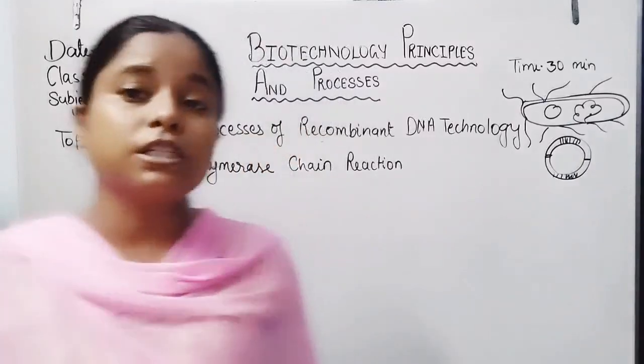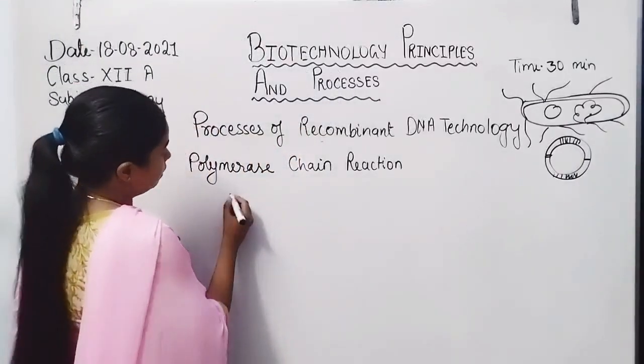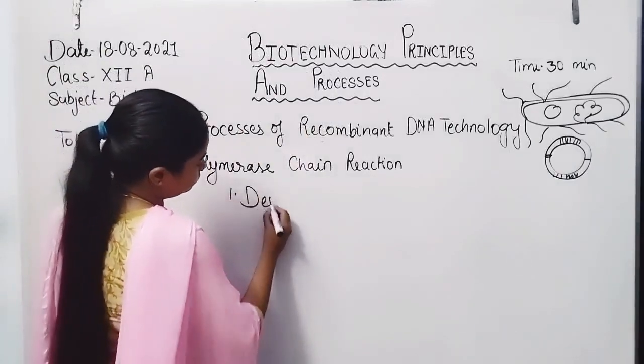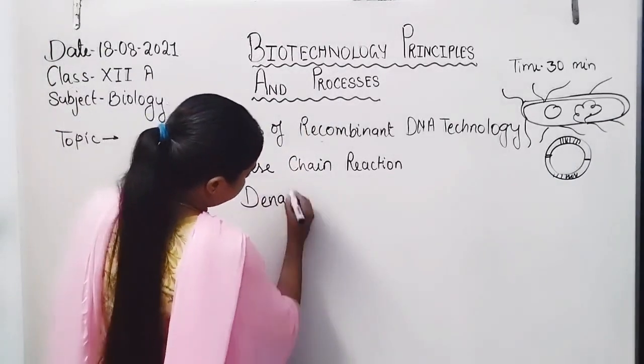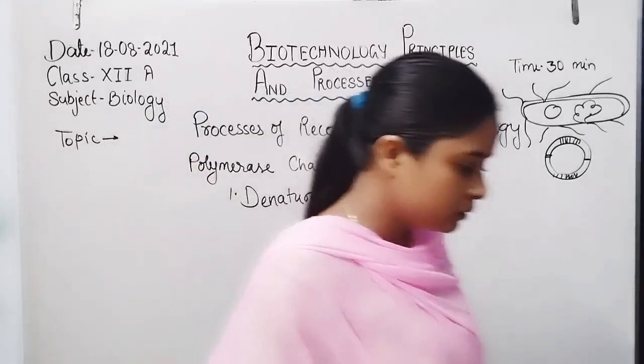There are different steps involved in the polymerase chain reaction. The first step is denaturation of genetic material.